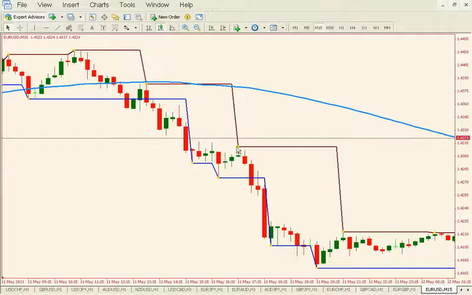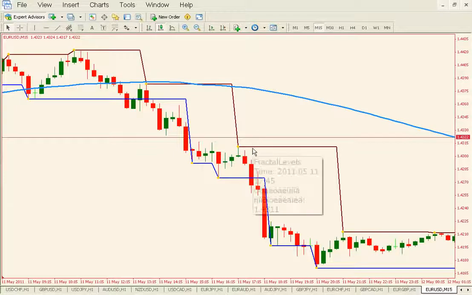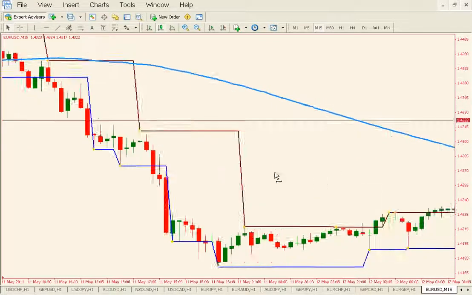So if you said, oh, I'm going to get in on the bounce of this fractal level, you can't get in on the bounce of the fractal level because you don't know this is the fractal until this candle opens. This has to close and this has to open, so you get in right here. Well, you won't get in there because I don't take trades in the middle. But now you see this fractal level, and this fractal level down here is already developed. Your downtrend is with the 100 bar moving average. Price breaks that, so you get in and you ride it again.